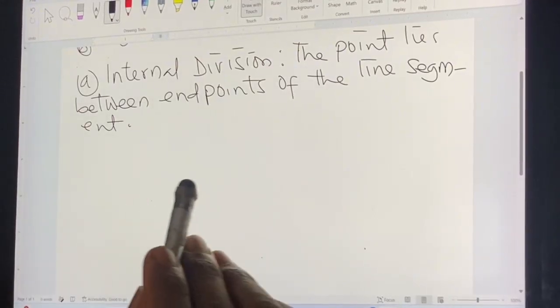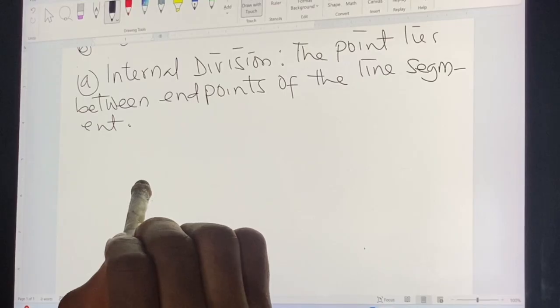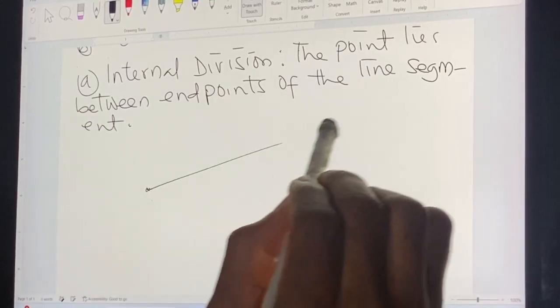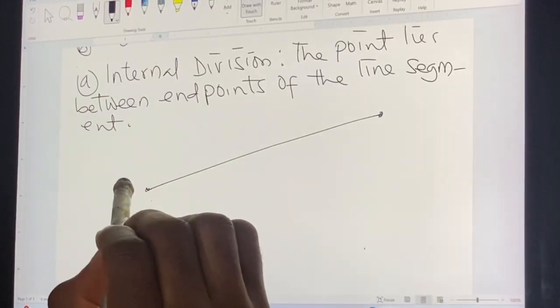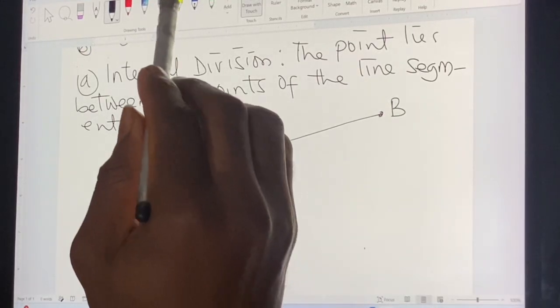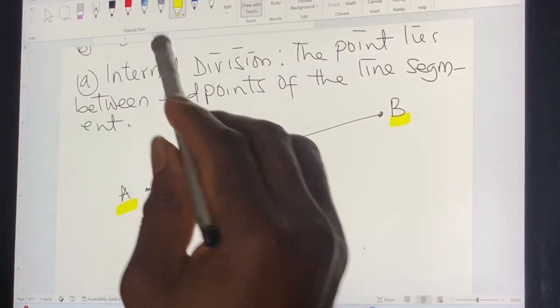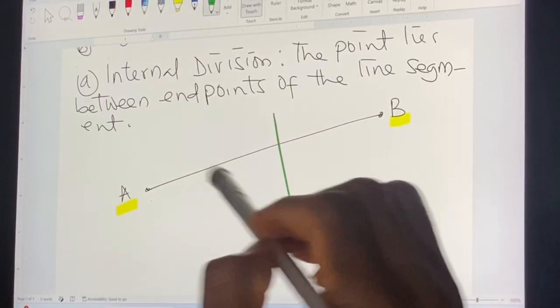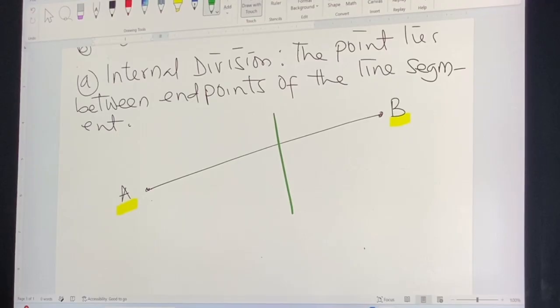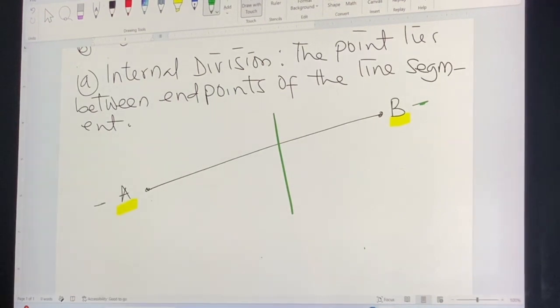It means that if I have 2 points, let me just sketch on this, this is point A, this is point B. If the division between point A and point B is done internally, that is done inside both points, we call it internal division. But if it is done outside these points, we call it external division. Please take note of that, okay?